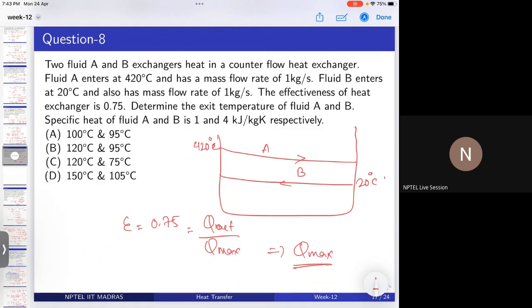That is, Th in and Tc in are given, and you can find out what is Cc, that is the cold fluid, which is fluid B, 1 into 4, and Ch is the hot fluid, that is 1 into 1.